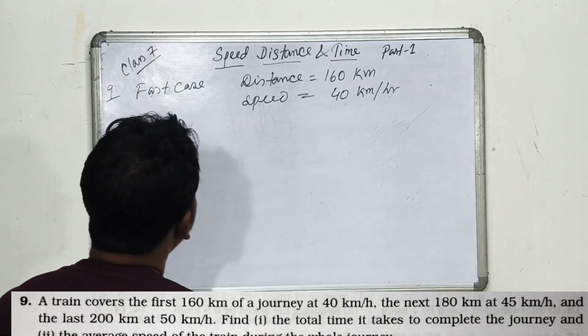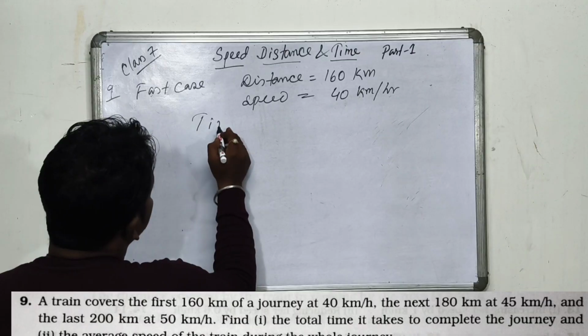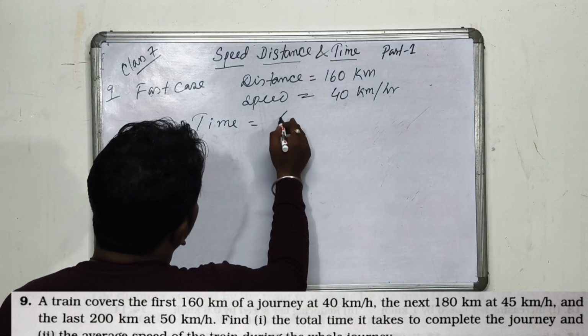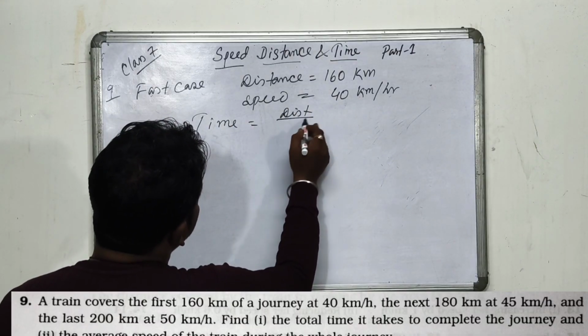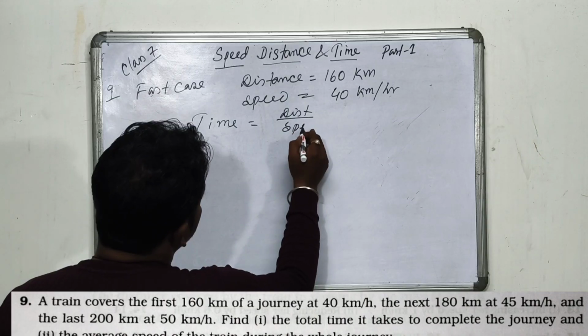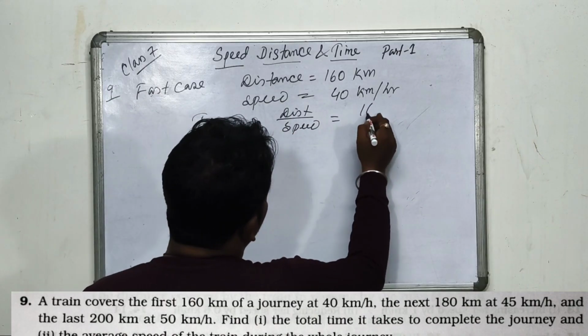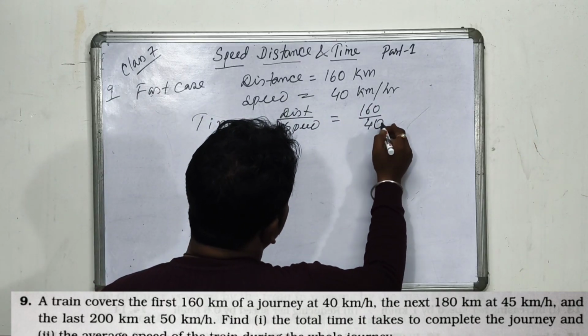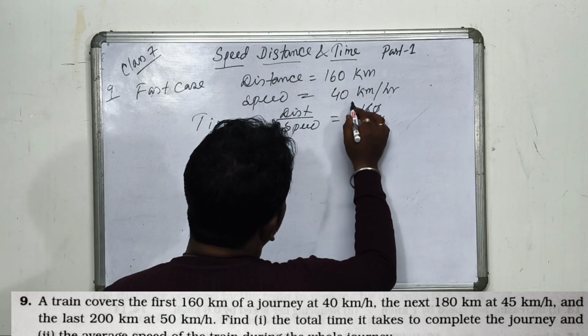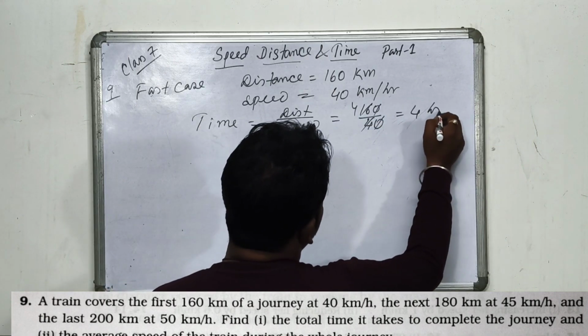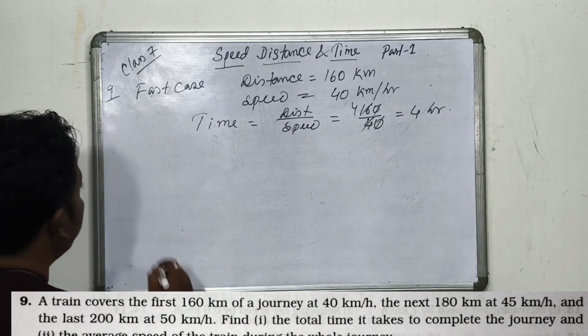Therefore time taken, time equals distance by speed, that is 160 by 40, 4 fours are 16, that is 4 hours in the first case.